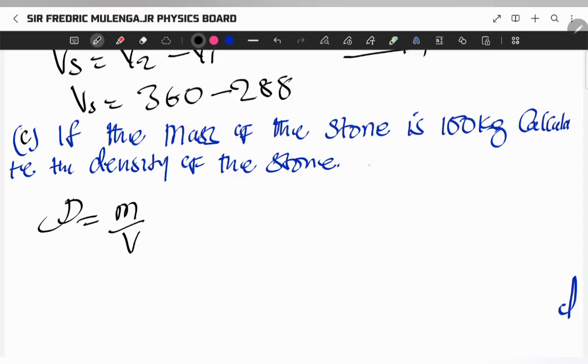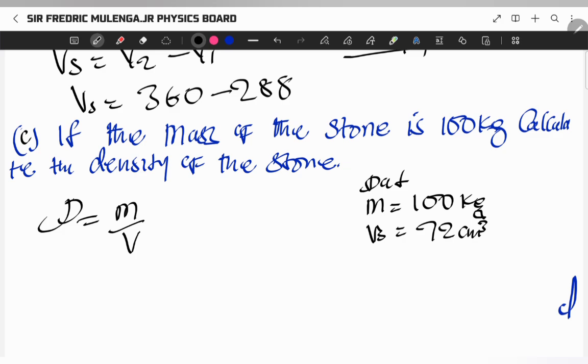So let's collect the data given. So mass is just 100 kg, then volume of the stone is just 72 centimeter cubic. Now we are having different SI units. At no point will centimeter cubic go with kilogram. One has to follow the other.